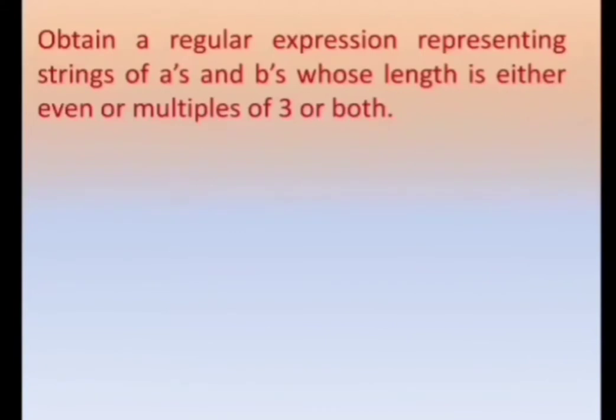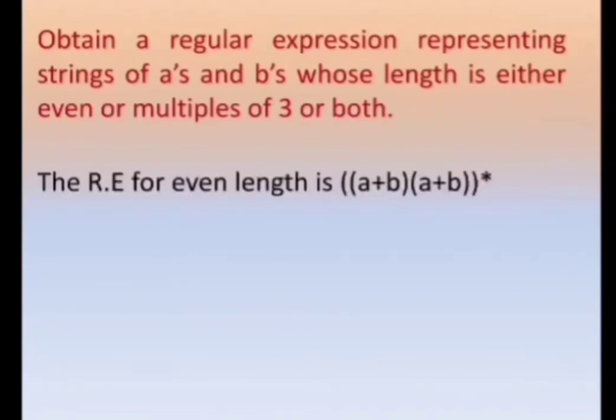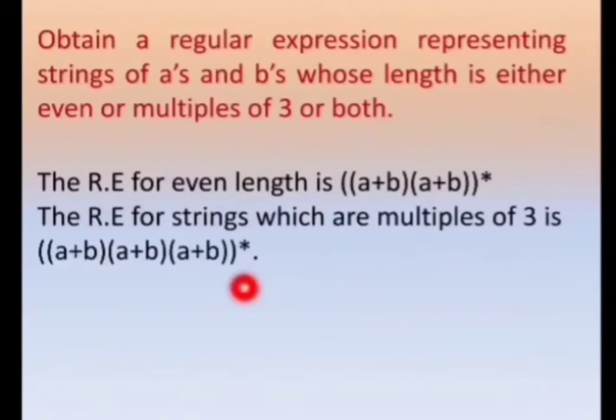Next we have: obtain a regular expression representing strings of A's and B's whose length is either even or a multiple of 3 or both. The regular expression for even strings, as we have learnt in the previous videos, is (A+B)(A+B))*. Strings of multiples of 3 means minimum there can be 3 characters in the string, and each character can be either A or B. That is ((A+B)(A+B)(A+B))*.